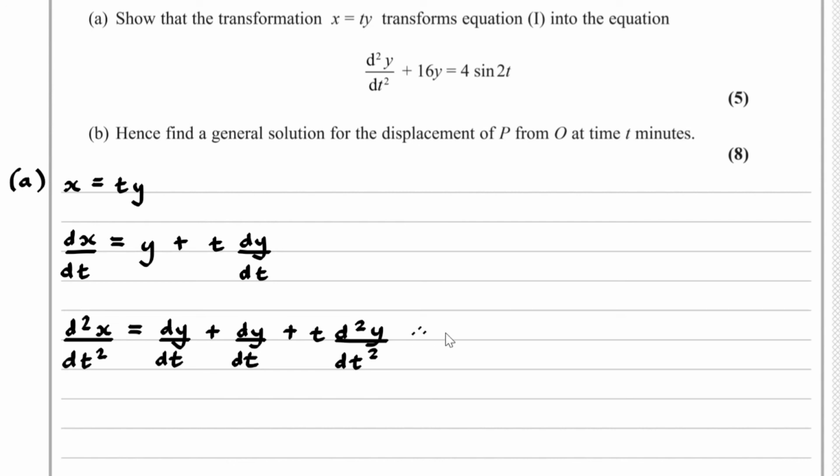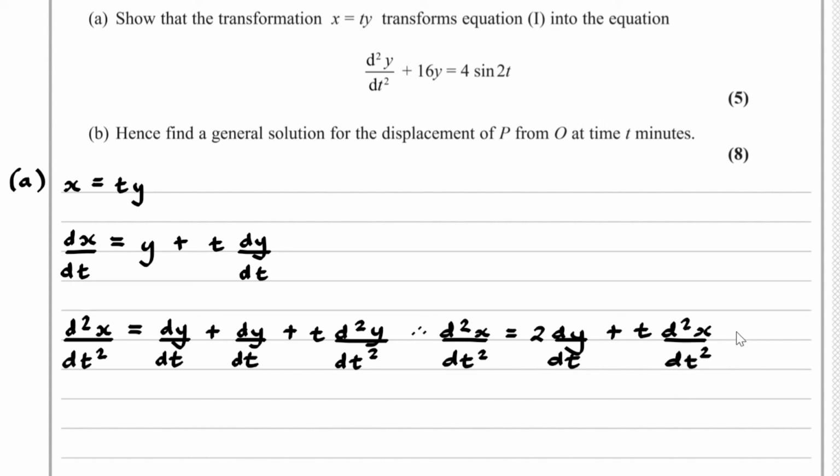And if I simplify this, we can see that d squared x over dt squared is equal to 2 dy over dt plus t times d squared y over dt squared.